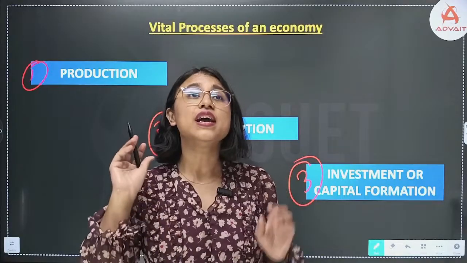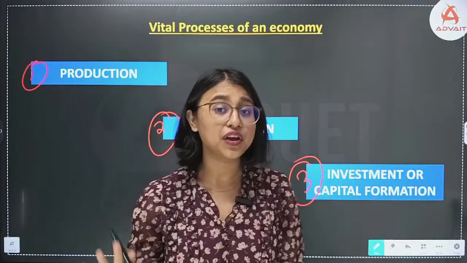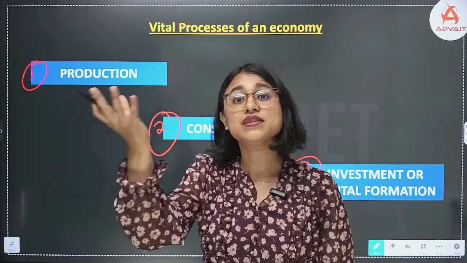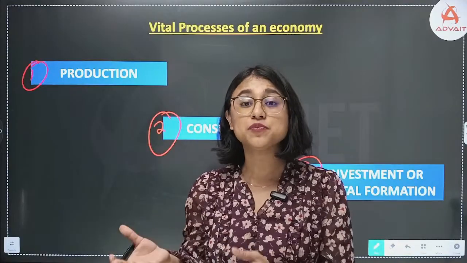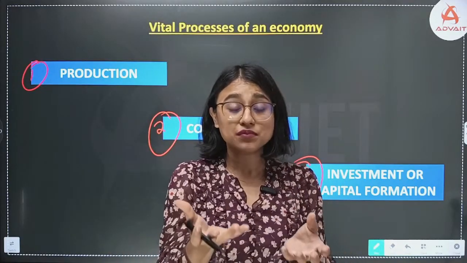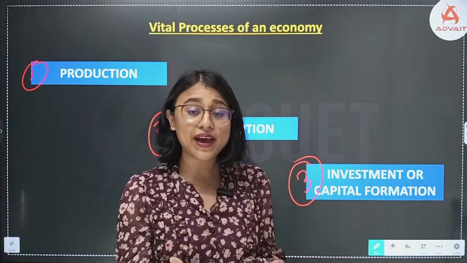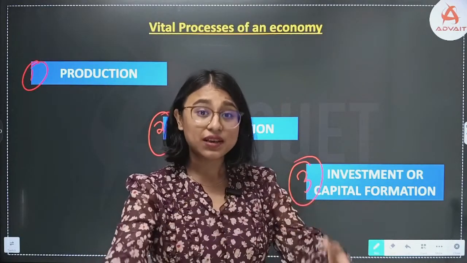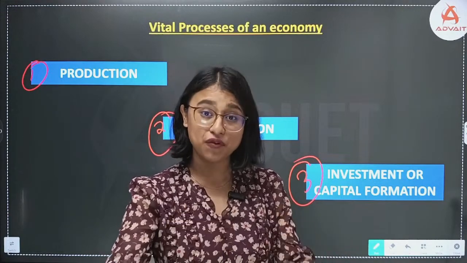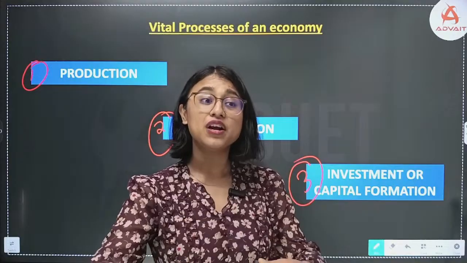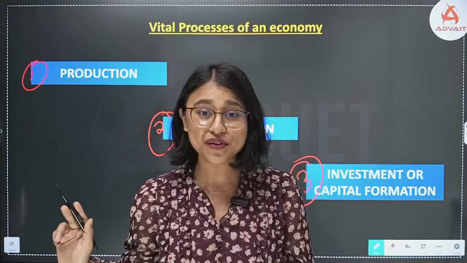Therefore, the economy has three main processes: production, where raw materials are turned into finished products; consumption, where finished products are delivered to the consumers; and investment, where we invest to earn profit and for capital formation, and therefore grow the economy in future. I hope you are clear with these three topics.